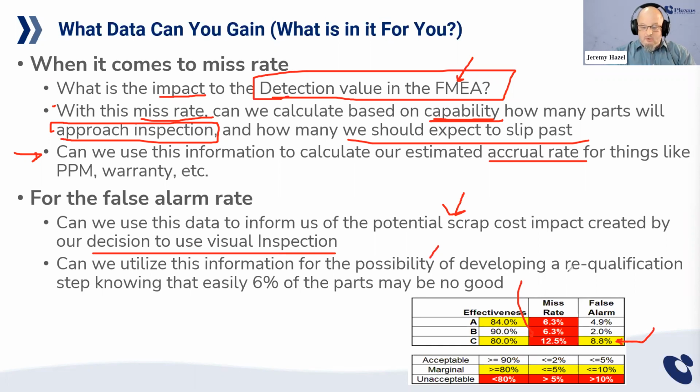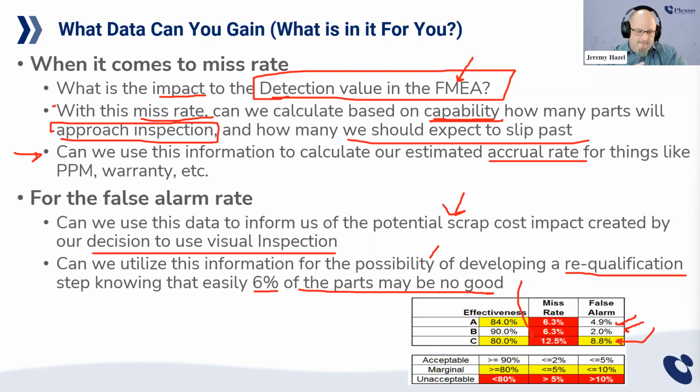Maybe what we need to do is add in a requalification of those things going into the scrap bin to make sure that we really have a reject. Because guess what? 6%, 8%, 4%, they're not going to be no good in terms of how they were evaluated.